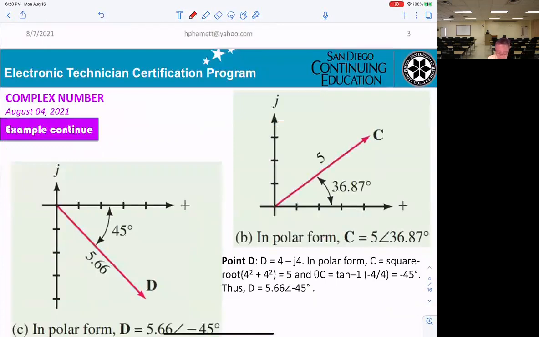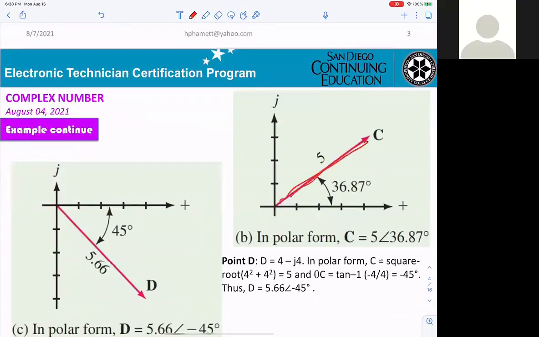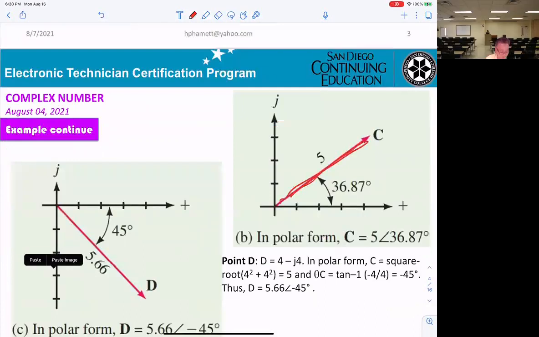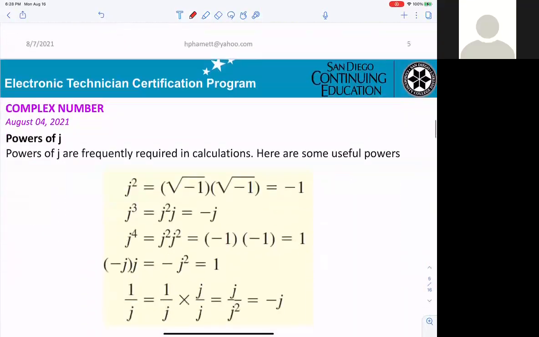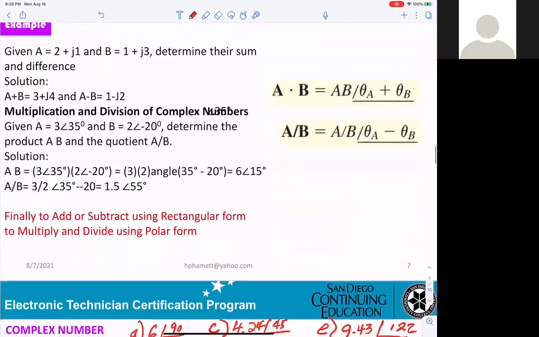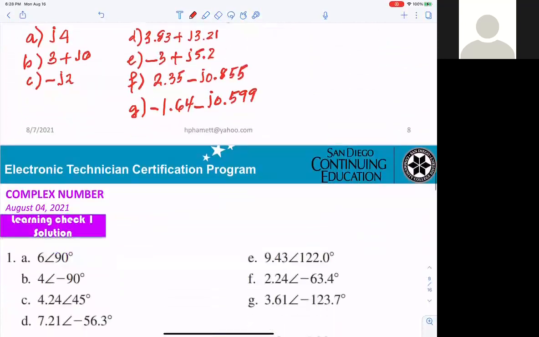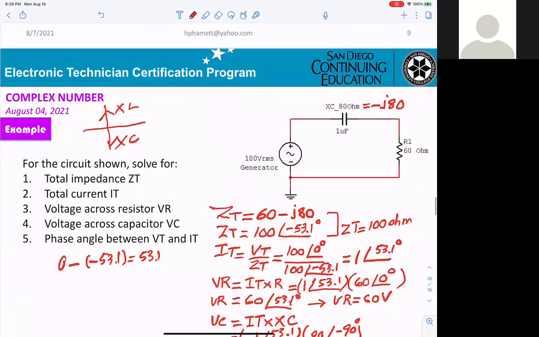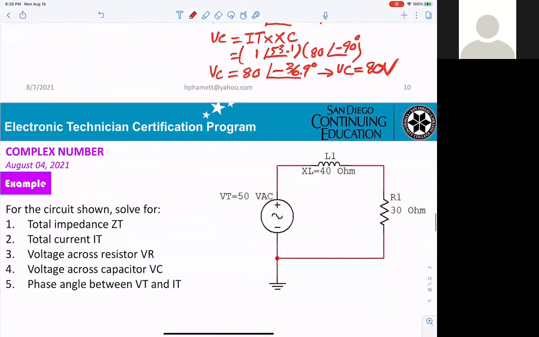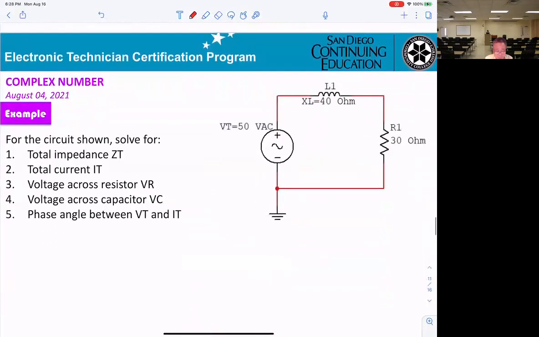You see that? Yeah, I got it. And also the phase angle. Okay, now you do it for me.